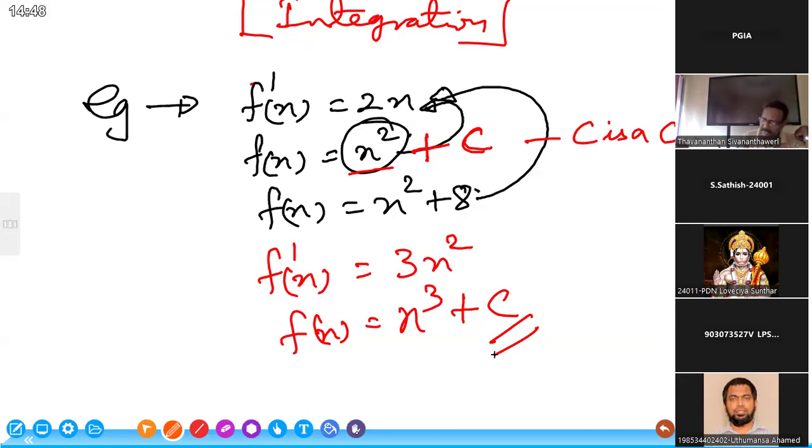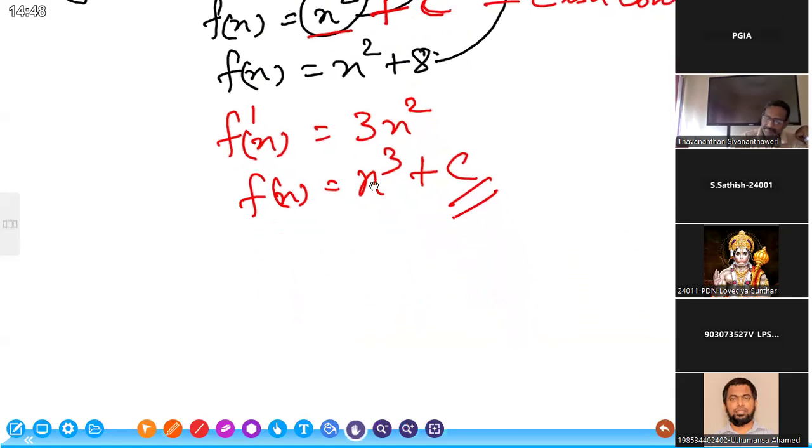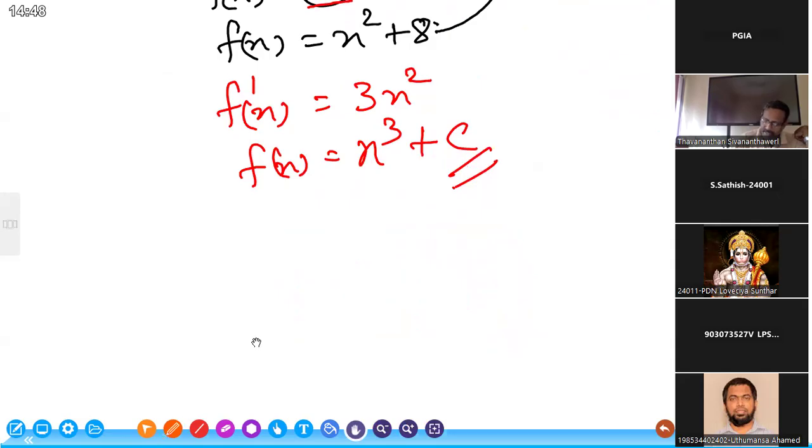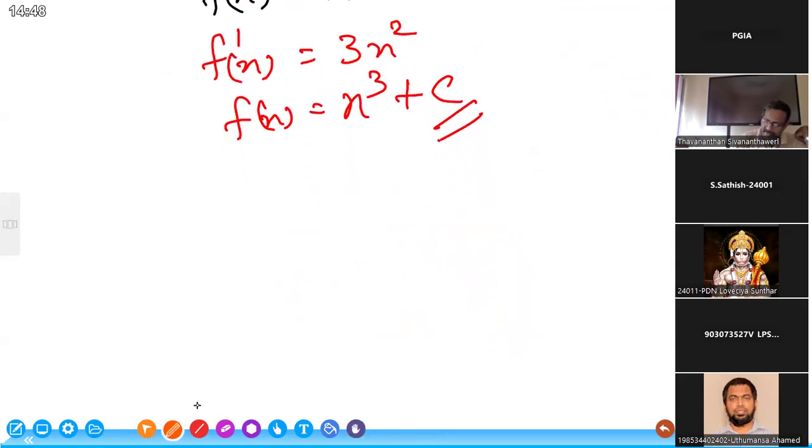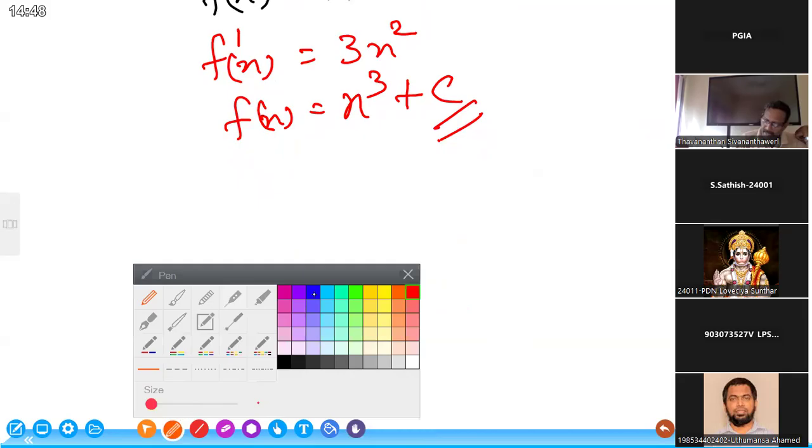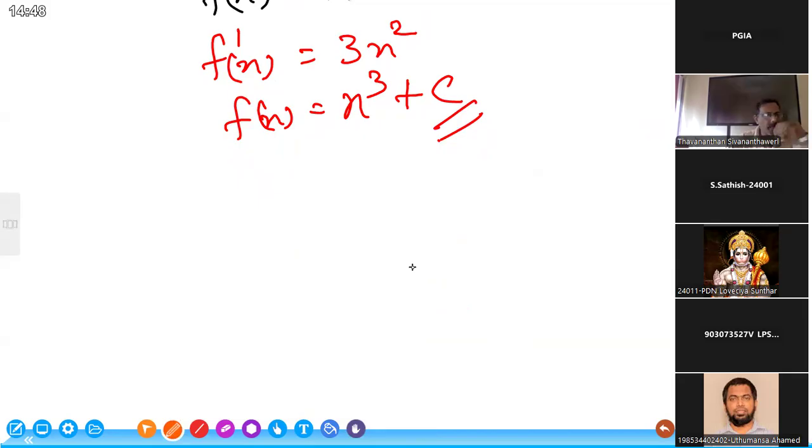Now, we can do it for any given situation, but we can find out a formula or rules, a shortcut, to find out the integration. Let's say my derivative is given as x to the power n.